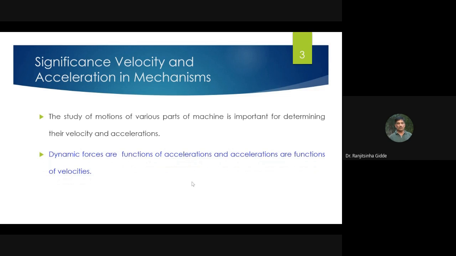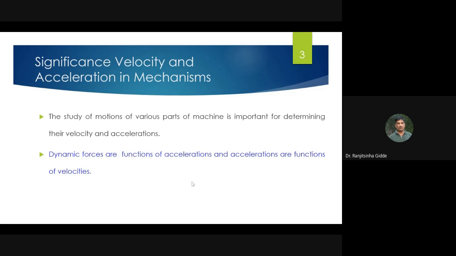So you know force. What is the definition of force? It is just a product of mass into acceleration, right? Mass is in kg, and acceleration is meter per second square. So whatever force or dynamic force is a function of acceleration, dv by dt, and accelerations are functions of the velocity, right?